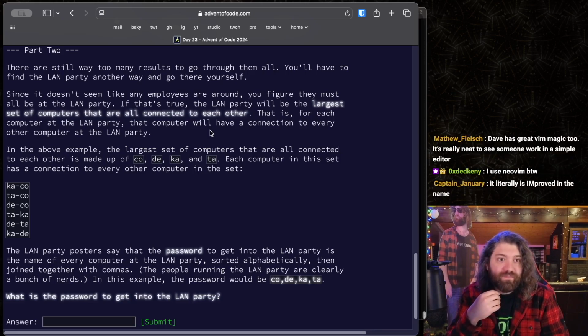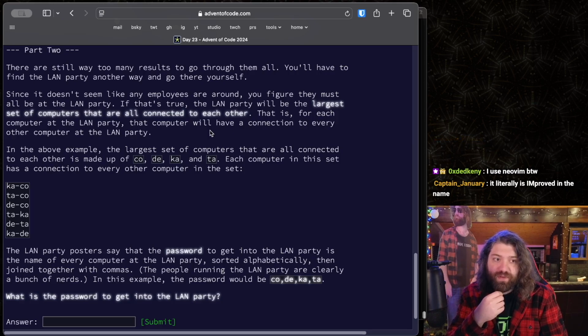Oh my god. I knew it. That is, for each computer at the LAN party, the computer will have a connection to every other computer at the LAN party. In the above example, the largest set of computers that are all connected to each other is made up of co, de, ka, and ta. Each computer in this set has a connection to every other computer in the set.